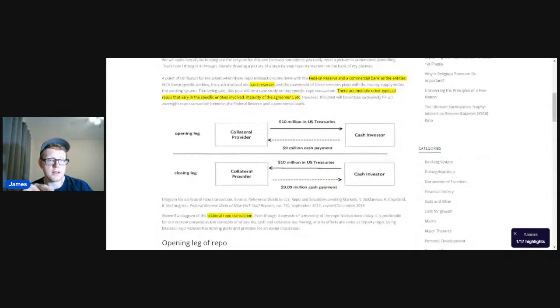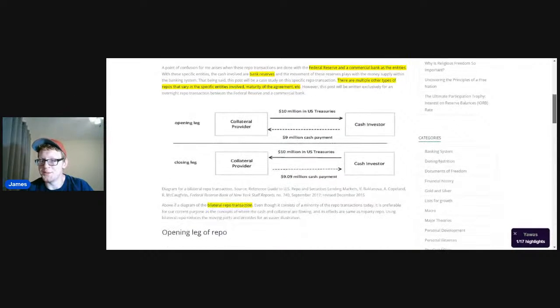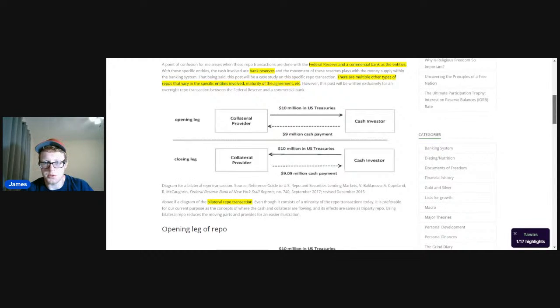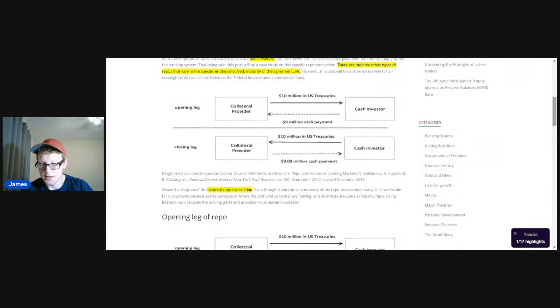And so technically the commercial bank owns those treasuries now, so they can use them as collateral for other loans, whether they be other forms of short-term lending. They could use them in more repos, I'd assume, with other entities, most likely. I don't see a point in them just flipping them back to the Fed when they're just going to do it anyway on the close of the transaction.